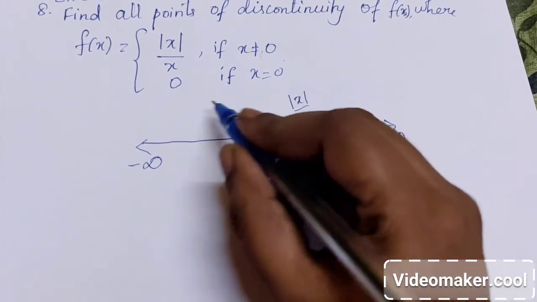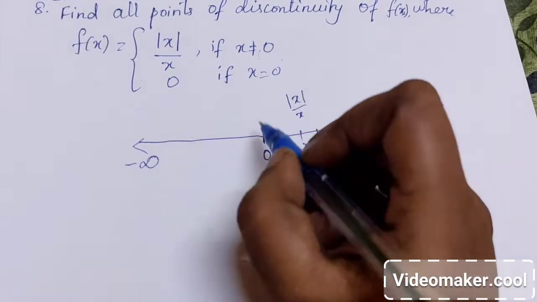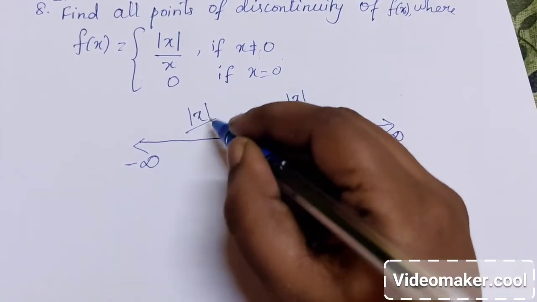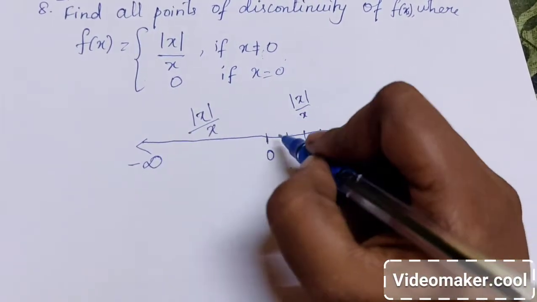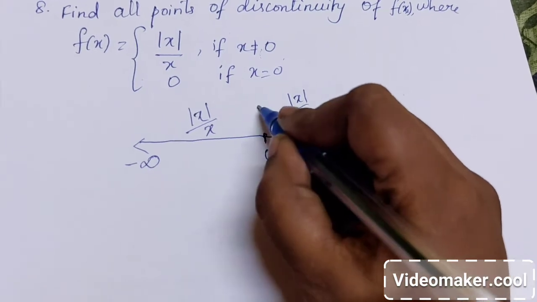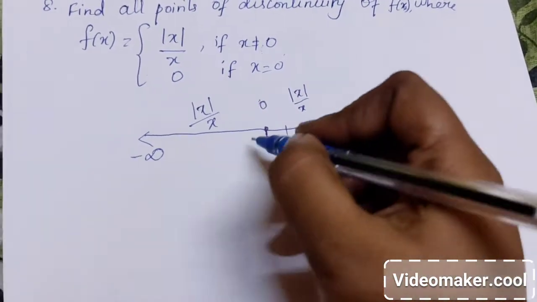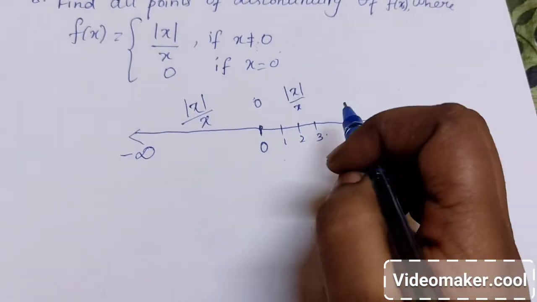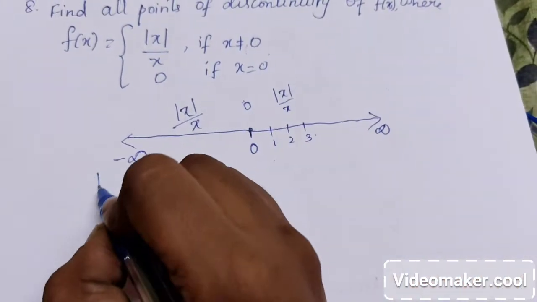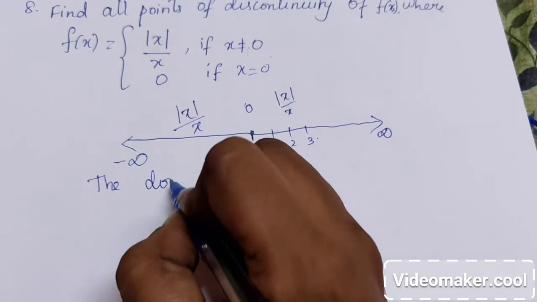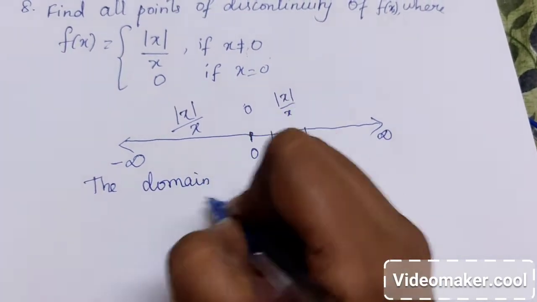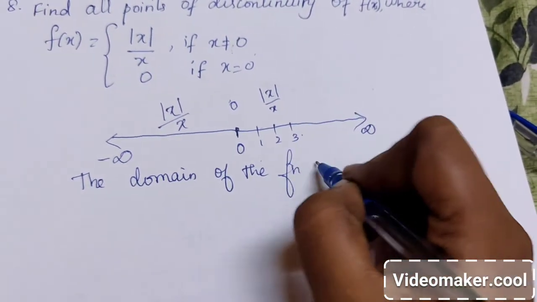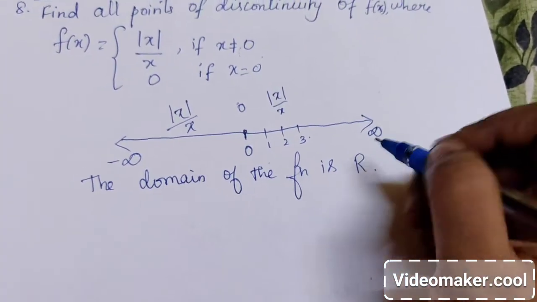But if x equals 0, the functional value is 0. So the function is defined for all real numbers. The domain of the function is the entire real number line.